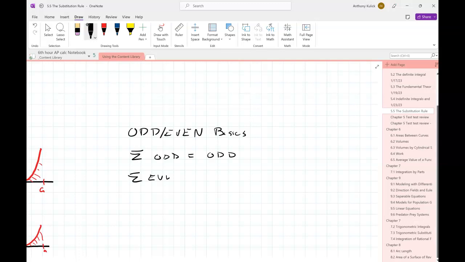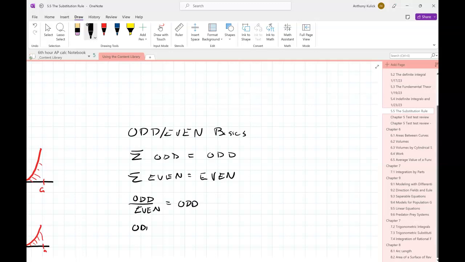Sum of evens is even. If I have an odd function divided by an even function, what's that going to be? That'll be odd.